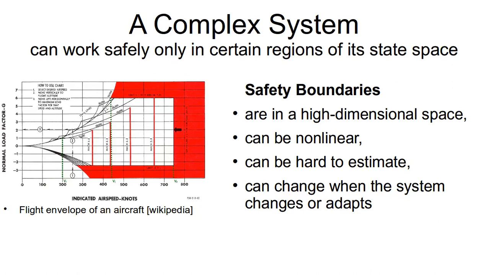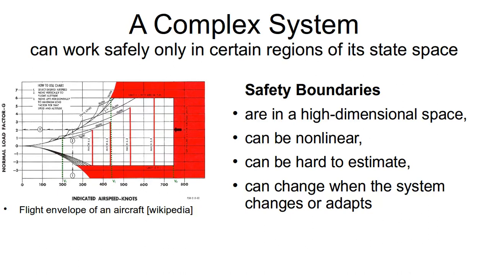If the aircraft becomes too fast, or if the loads get too large, then the aircraft would enter this red region. This is the dangerous region, where the aircraft can sustain damage or, in the worst case, break apart.